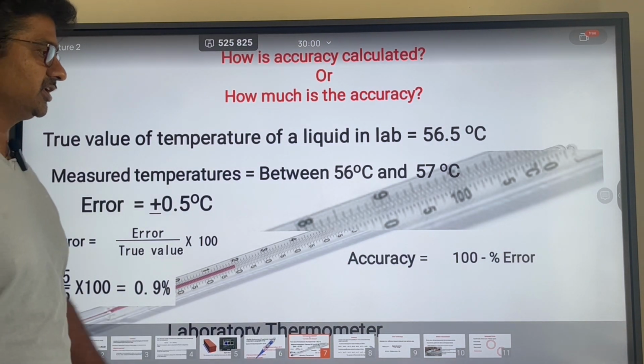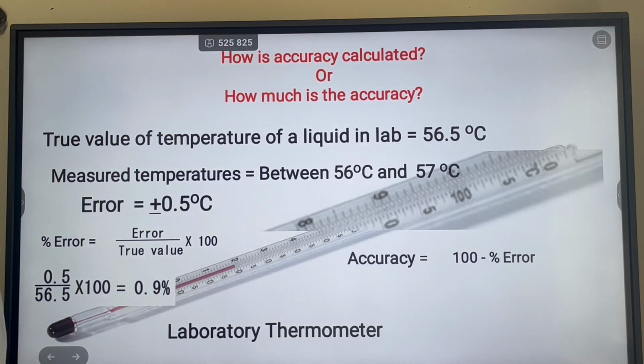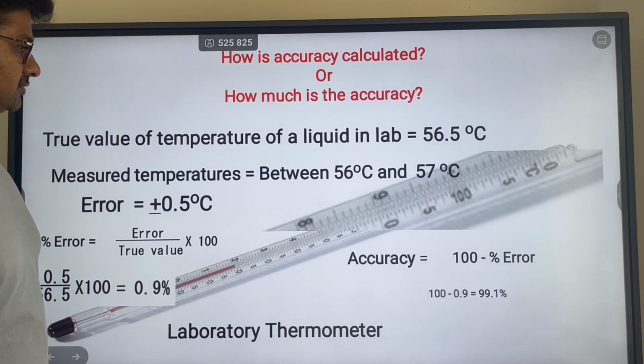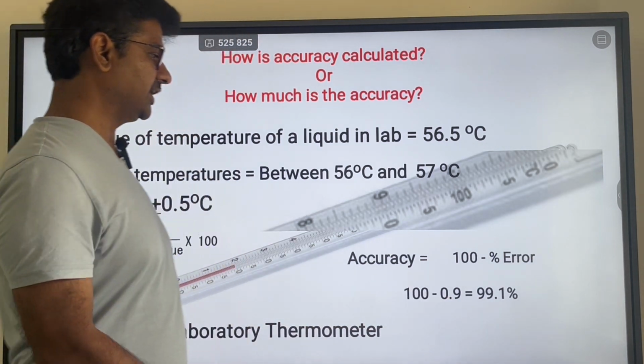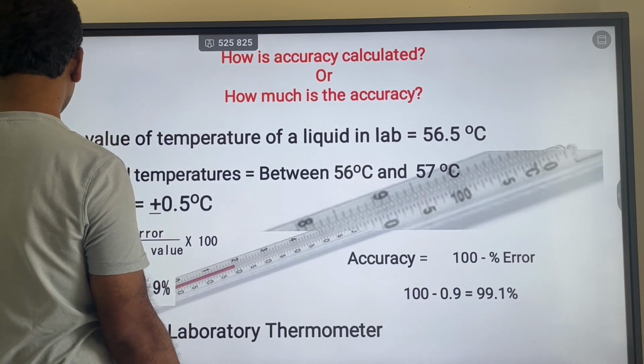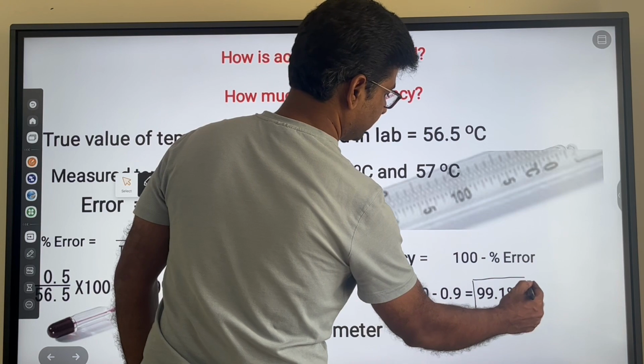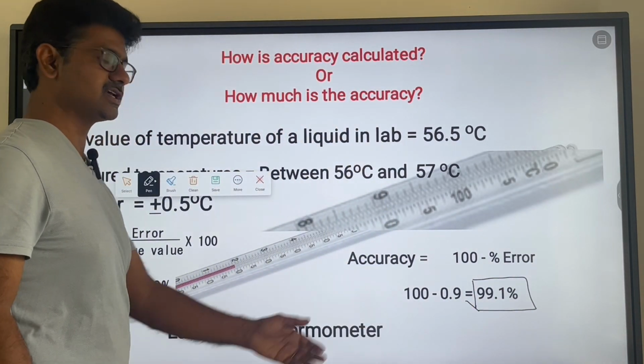So if the error is 0.9%, what is accuracy? 100 minus 0.9, so 99.1% accurate. So this is accurate, right? It has high accuracy.